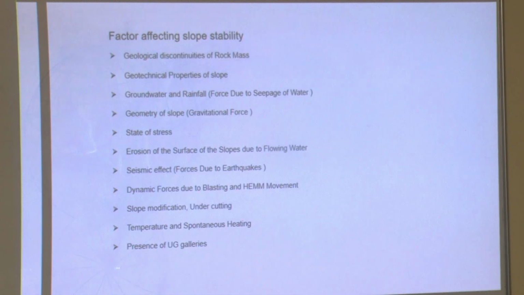Now, in a mine, there are a number of parameters we have summarized, starting from the geometry, groundwater, dynamic force, temperature, many things. Nowadays, in dump stability, I will come to that shortly. In dump stability, nowadays people are facing a tremendous problem due to temperature.